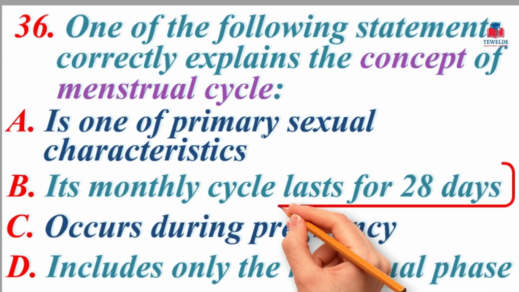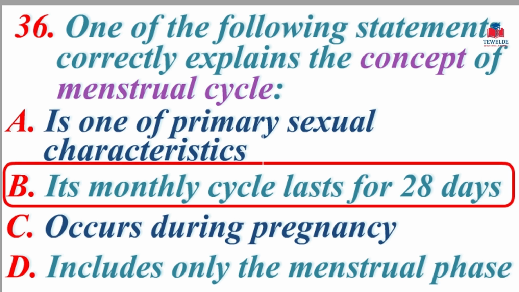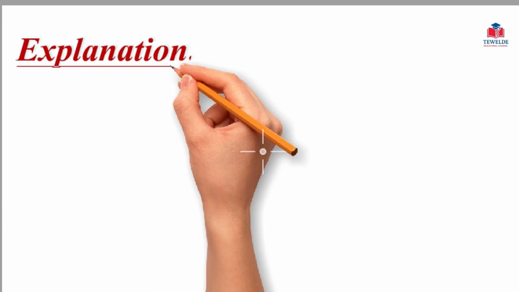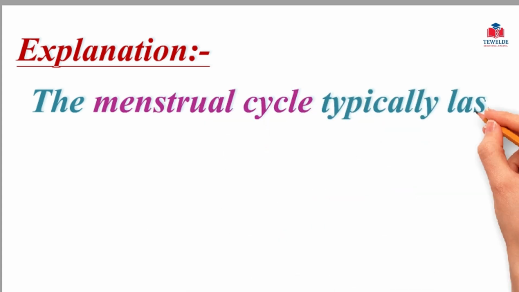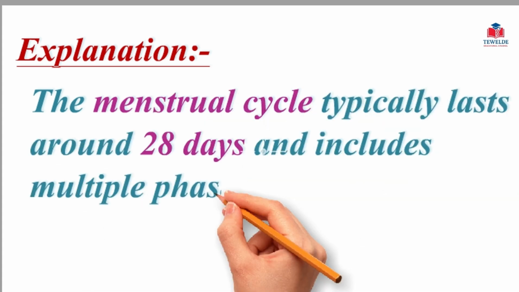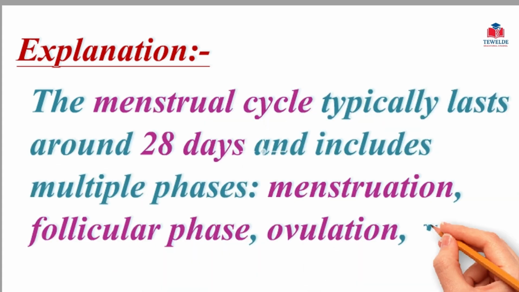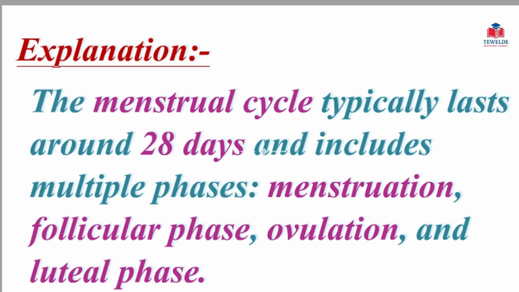The answer is B. Its monthly cycle lasts for 28 days. Explanation: the menstrual cycle typically lasts around 28 days and includes multiple phases: menstruation, follicular phase, ovulation, and luteal phase.